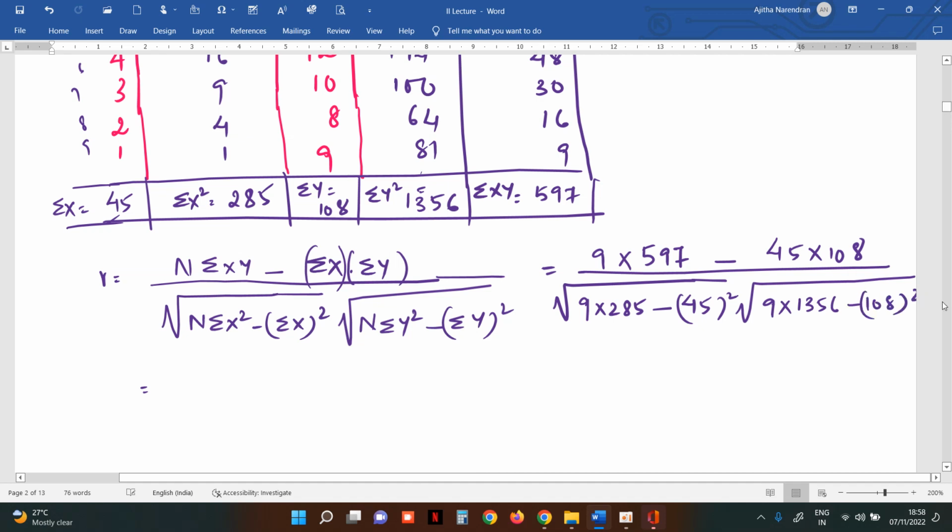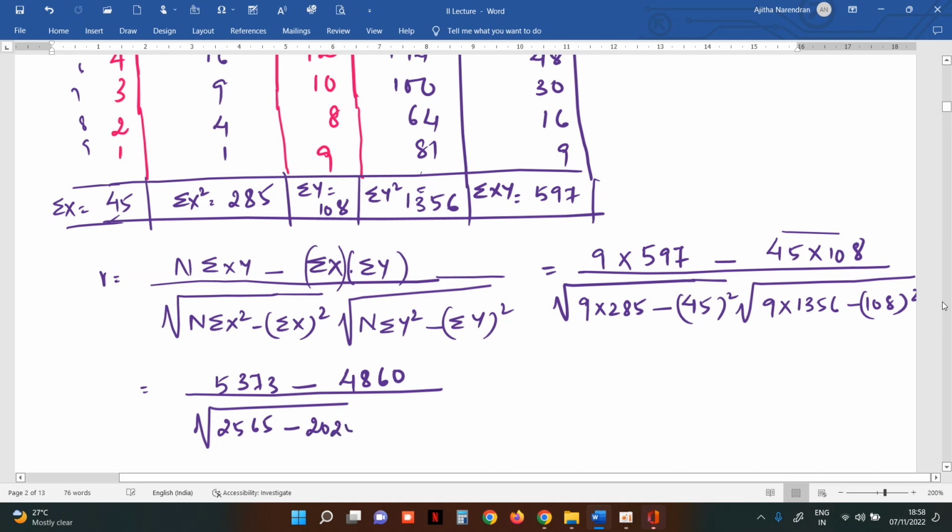So let us solve this problem. 9 into 597 is 5373 minus 45 into 108, just multiply it, it is 4860, divided by root over 285 into 9 is 2565 minus 45 into equal to, you will get the square of that.